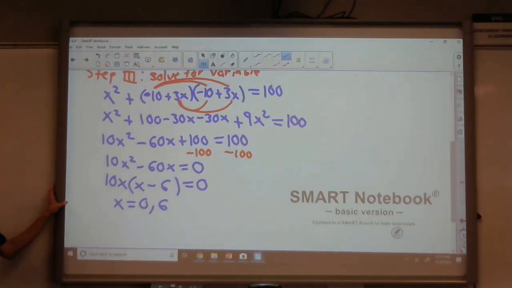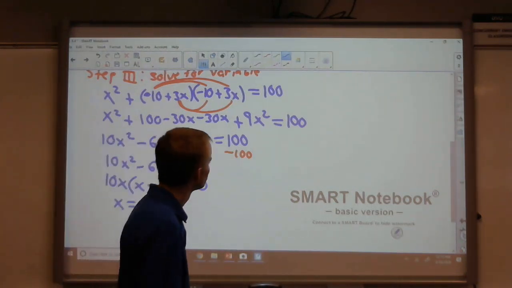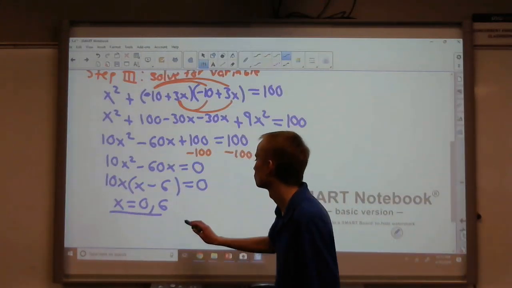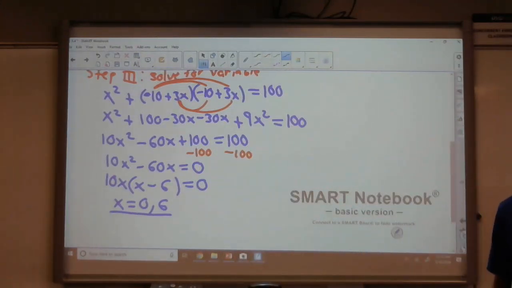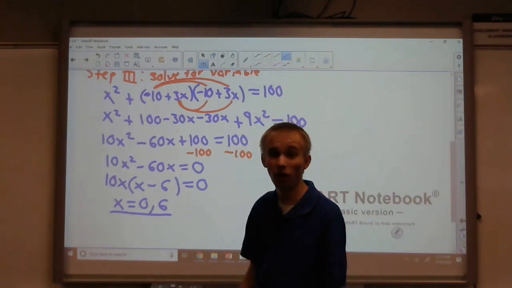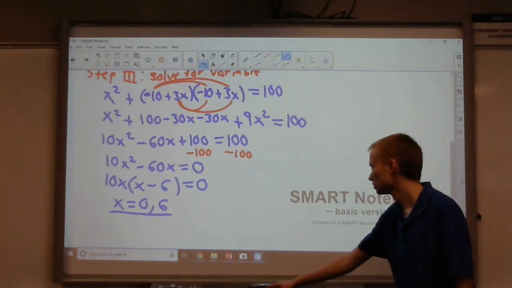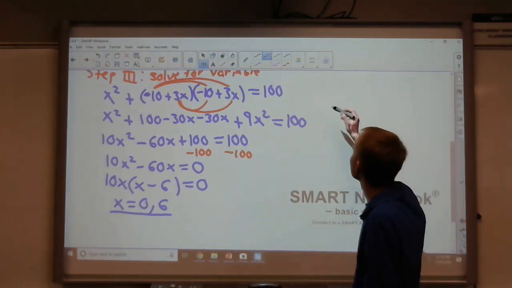So those are my two values for which this could work. So this is one part of our problem, right? But remember, when we find x, we're not quite done yet. We still have to find y. So that's our final step.